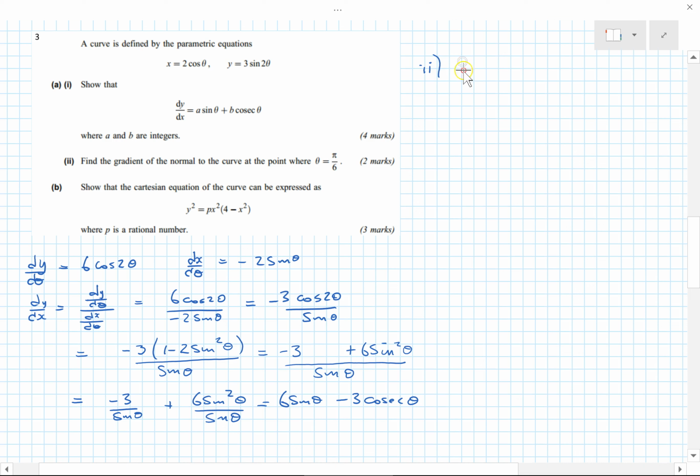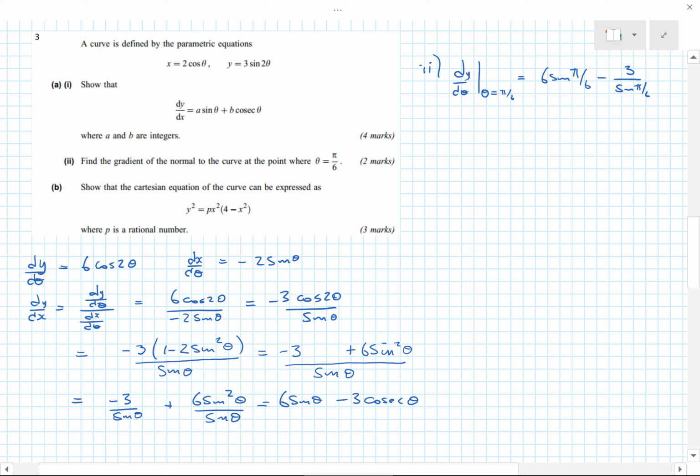So dy by dx when theta equals pi by 6 is equal to 6 sine pi by 6, okay, over minus 3 over sine pi by 6.